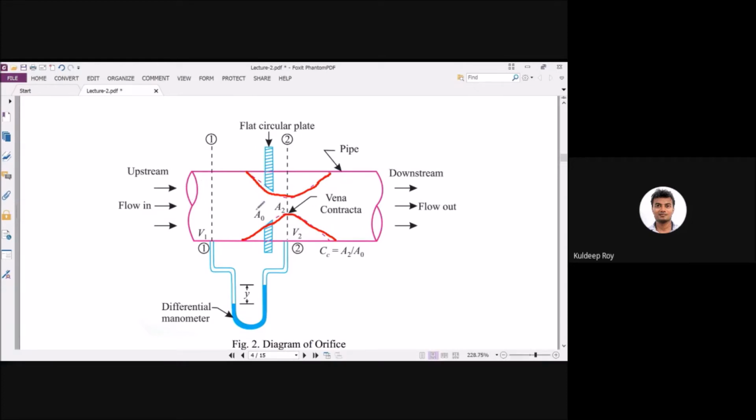When the fluid flows, you will determine the height at this point, and the height at this point, and make P equal to rho g h. You know the h, this is h, both are the same. Then you can easily determine the pressure. This term is pressure. You have determined the pressure.